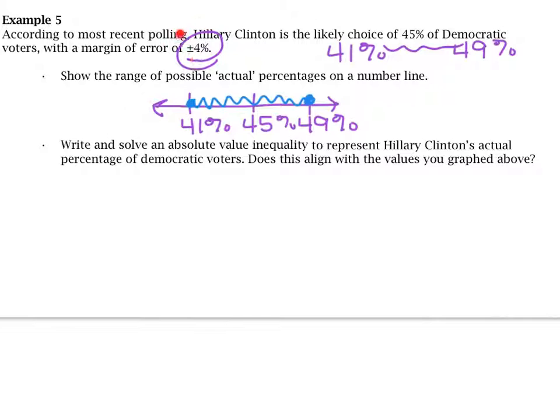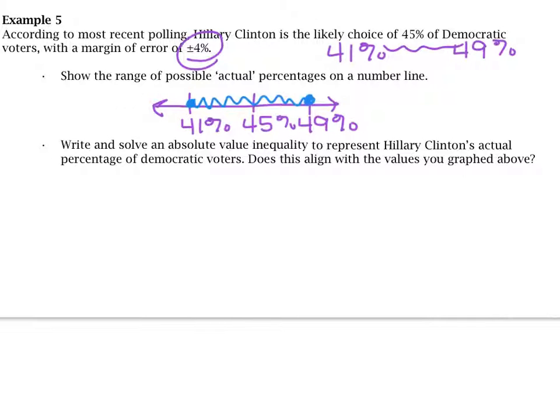Because of this plus or minus 4, that's where the absolute value comes from. I don't care if I'm 4 points up or 4 points down, I just know I'm within 4 spaces of my estimate. So what I'm really saying is that the actual number of voters will be within 4 spaces of this 45, either in this direction or in this direction. Hopefully that's ringing a bell, like absolute value.